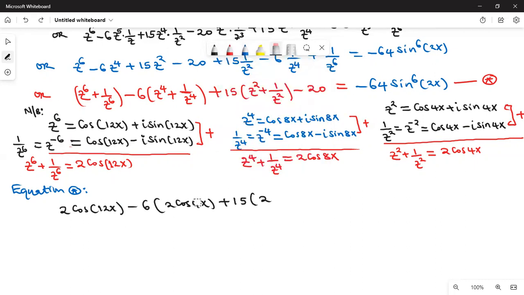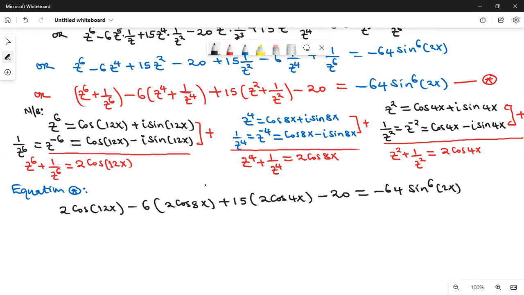This one should be 8x. The other one is plus 15 times 2 cosine of 4x. That's what we got. Minus 20 is equal to negative 64 times sine raised to 6 of 2x.